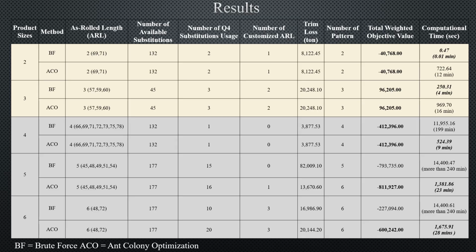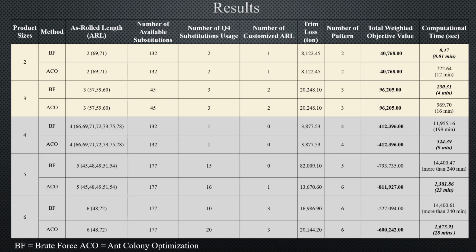We monitored several key performance indicators, including the number of available substitutions, quadrant for substitution usage, the number of customized ARLs, trim loss, the total number of patterns generated, the final total weighted objective value, and the overall computational time.